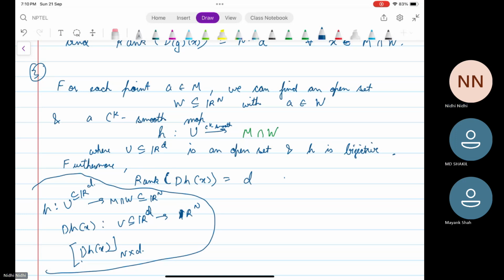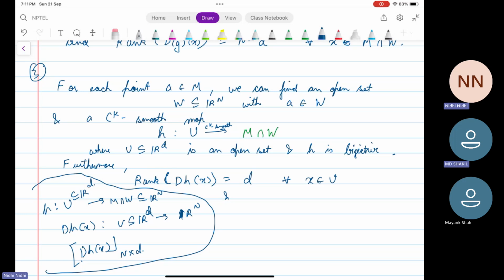for every x in U, and this H inverse, now since we are saying that H is bijective, the dimension should be the same, right, for U and M intersection W? But M is in Rn.